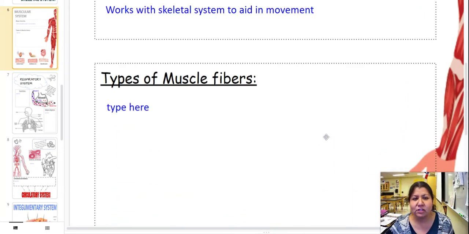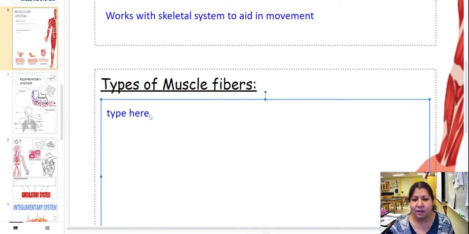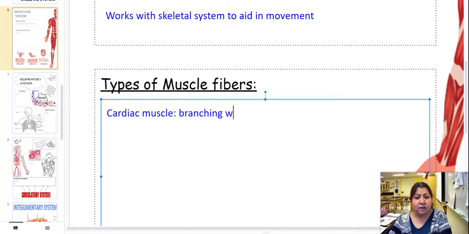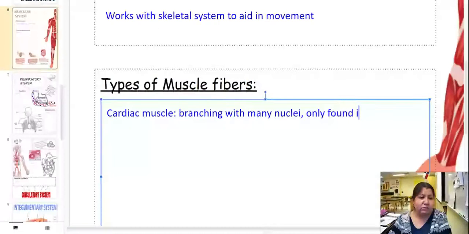So let's go ahead and write a brief description about each of these up here. Okay, so first, I have cardiac muscle. Okay, so this one's branching with many nuclei, and it's only found in the heart.